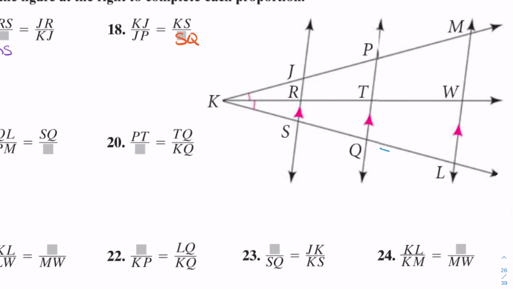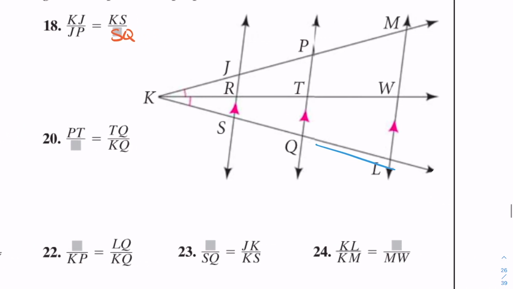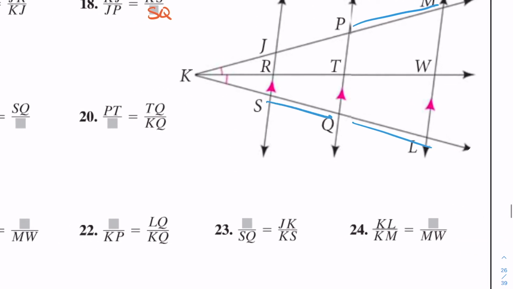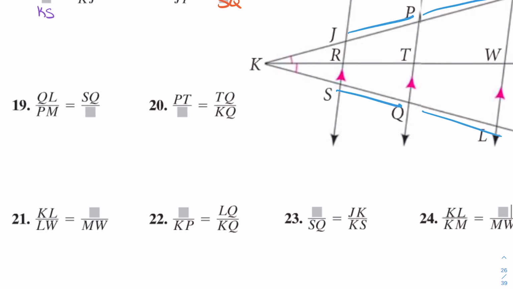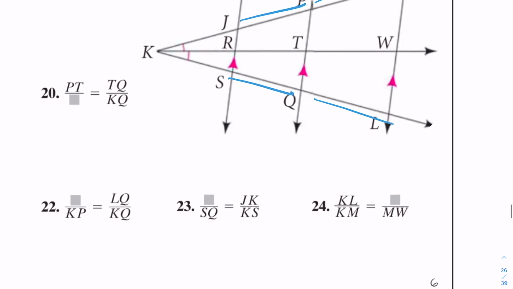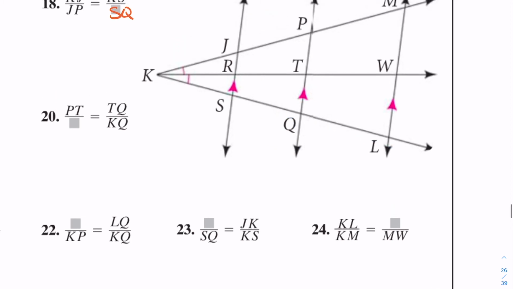Where's QL? QL, PM, SQ, and so it would have to be JP. JP is what would match in this case. Now we have PT. I have TQ and I have KQ and PT, and it will have to be KP.